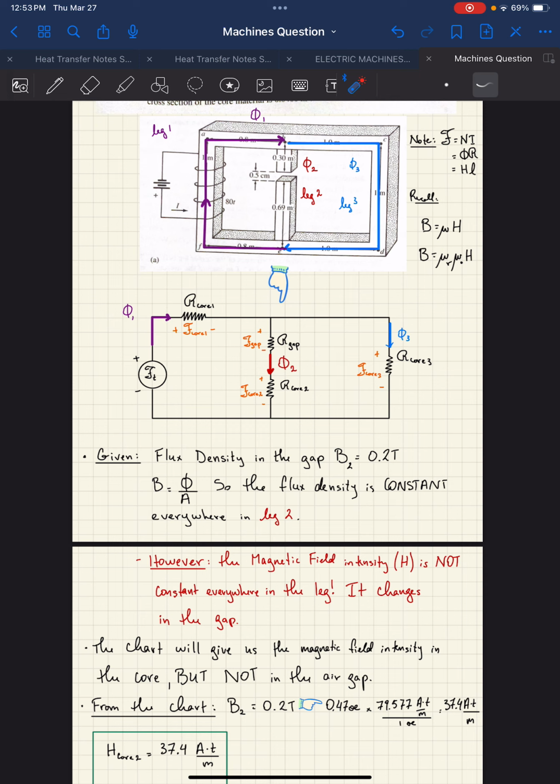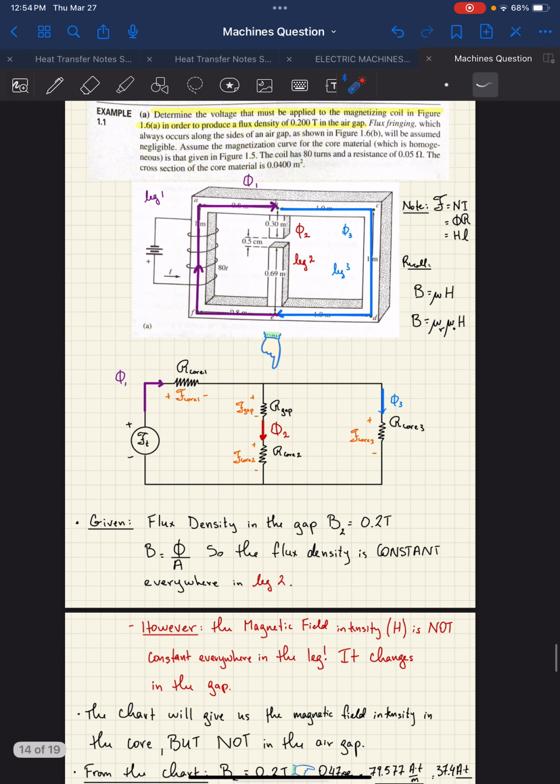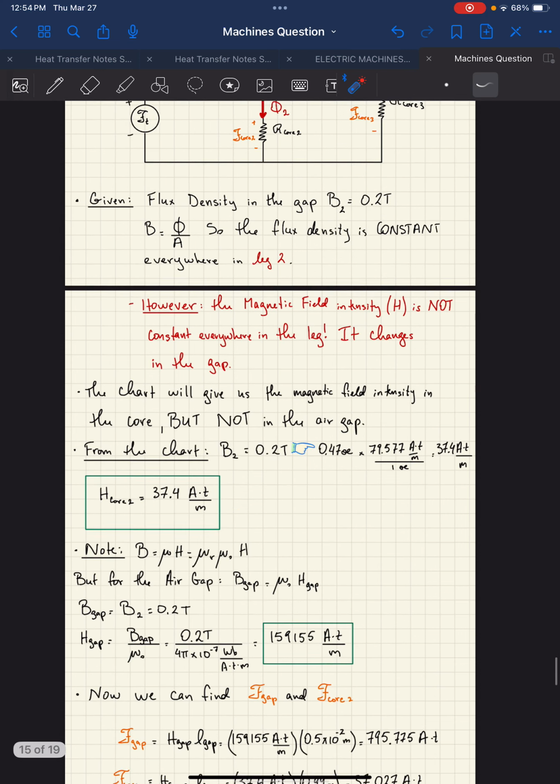It's like the current density, I guess you can call it. Once I have that B, I take the B, I go here to find magnetic field intensity, go back here and calculate F, and then I can do KVL, get this F, and then finish off the problem. So let's go ahead and do that.